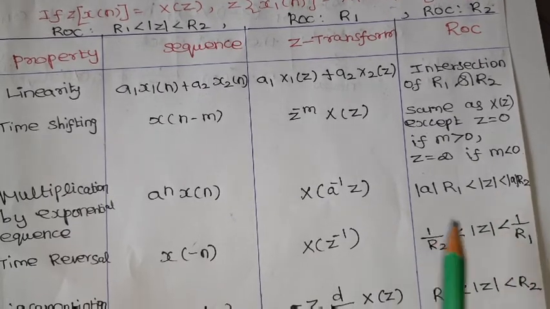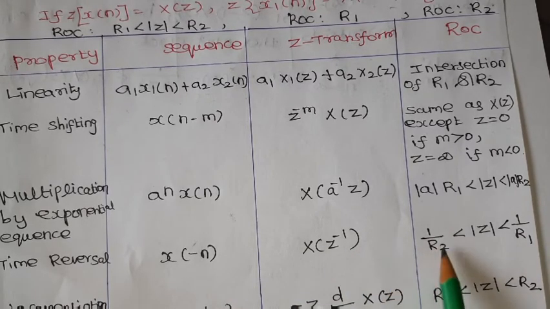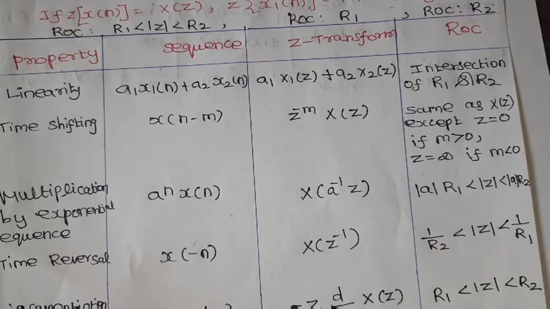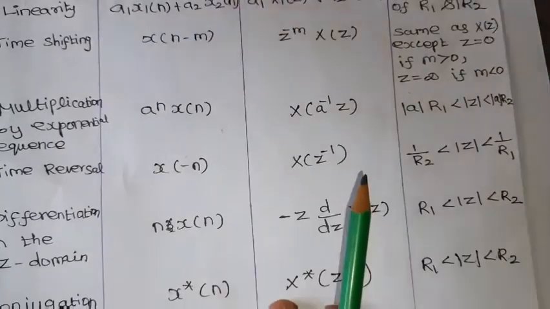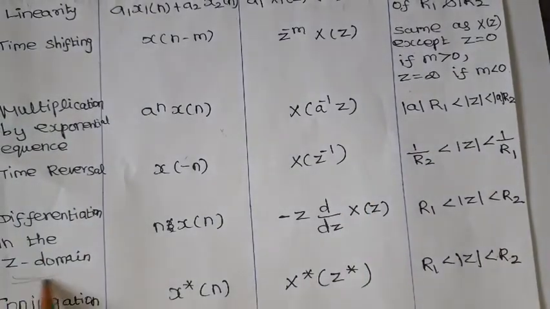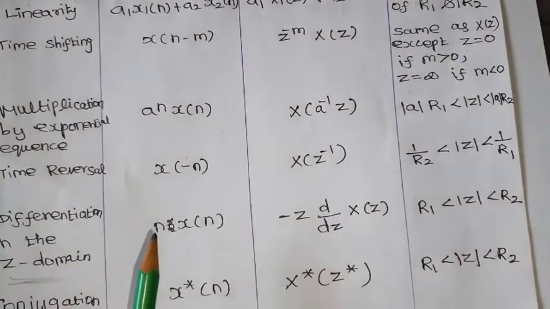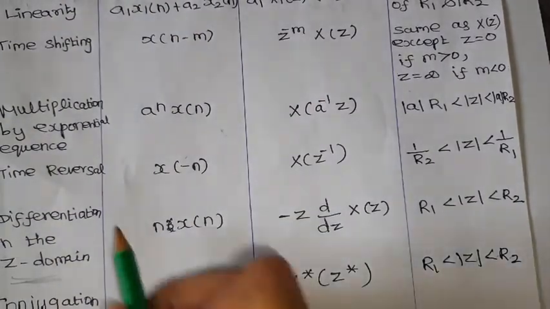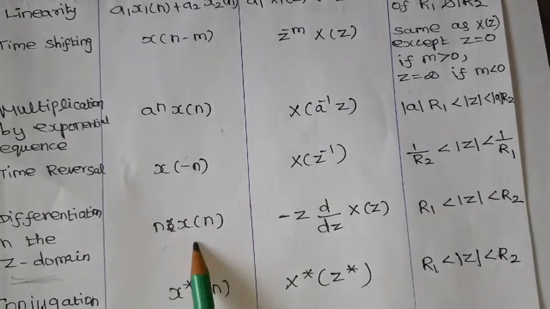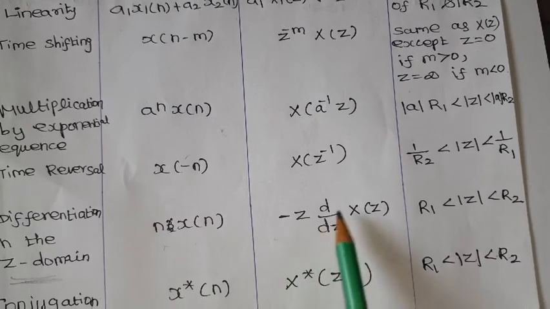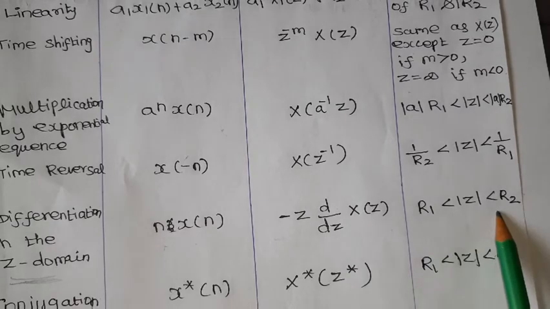Next, time reversal: x of minus n is equal to x of Z inverse, and ROC will be 1 by R2 less than mod Z less than 1 by R1. Next, differentiation in the Z domain, or multiplication by n in the time domain: n x of n is equal to minus Z d by dz of x of Z, with R1 less than mod Z less than R2.